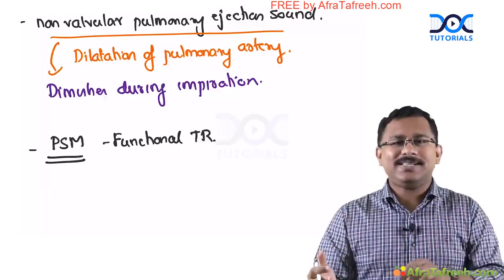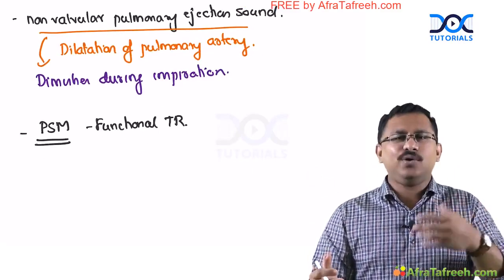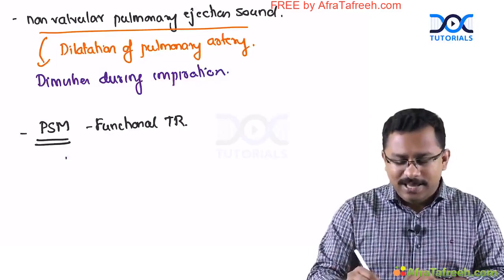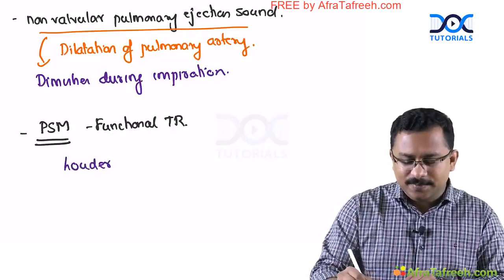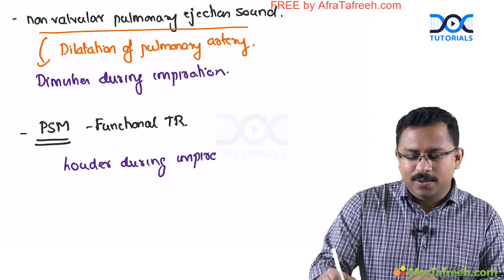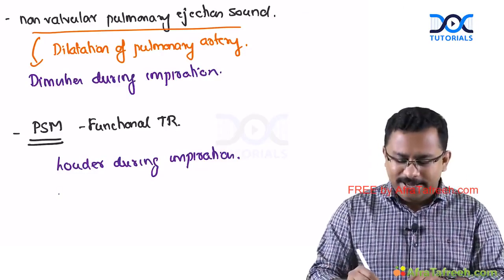When the individual develops a functional TR, what is going to be the respiratory variation? This is going to be louder during inspiration, and it diminishes during expiration.